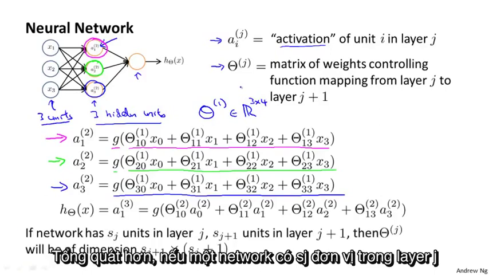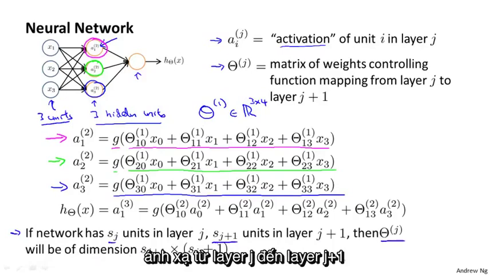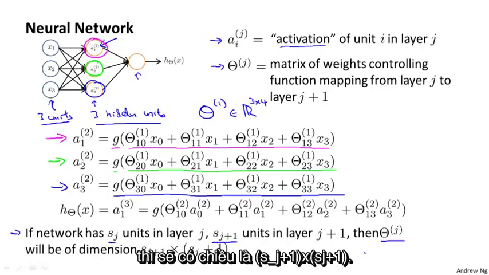More generally, if a network has s_j units in layer j and s_(j+1) units in layer j+1, then the matrix theta j, which governs the function mapping from layer j to layer j+1, will have dimension s_(j+1) by s_j plus 1.